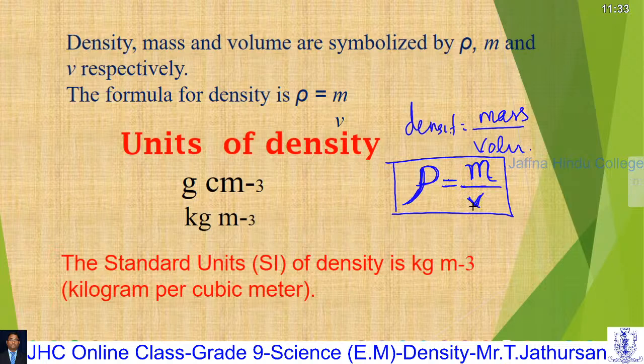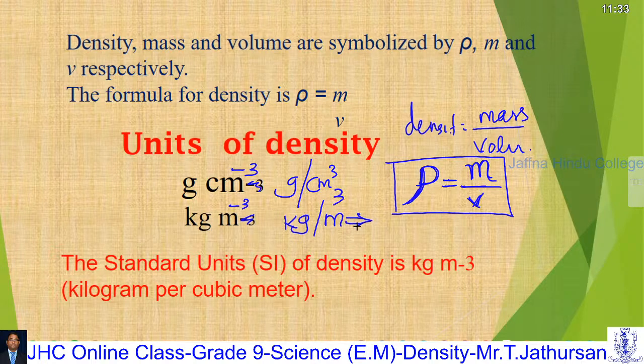Right. So, the unit of density is gram per centimeter cube or kilogram per meter cube.